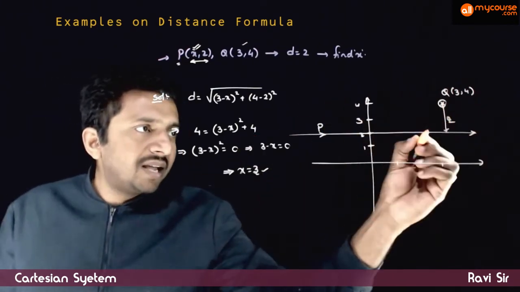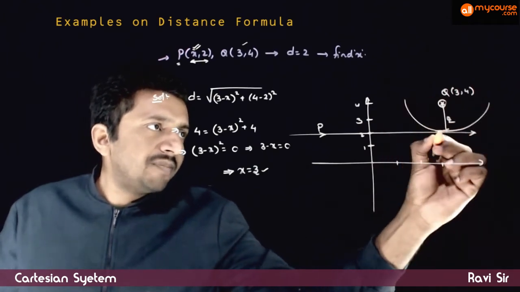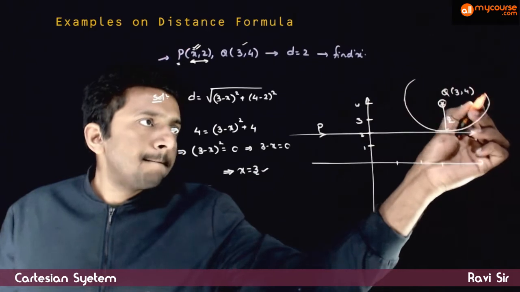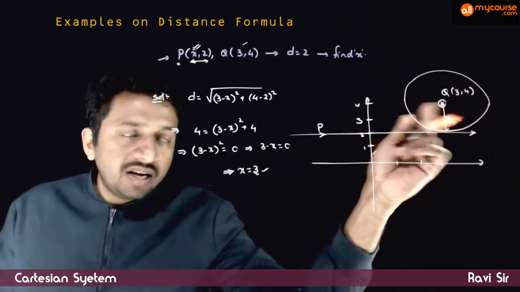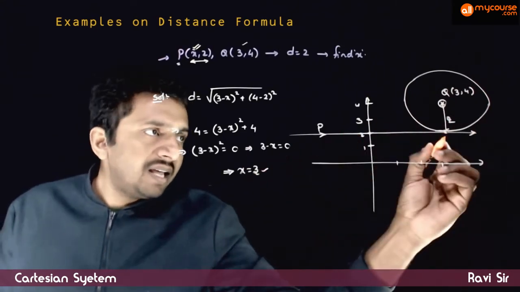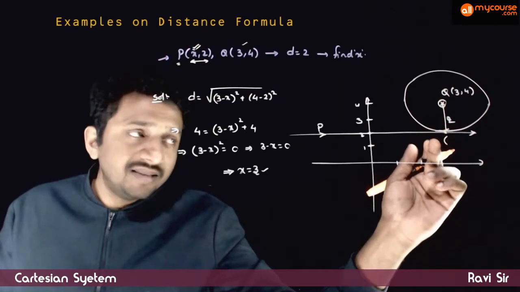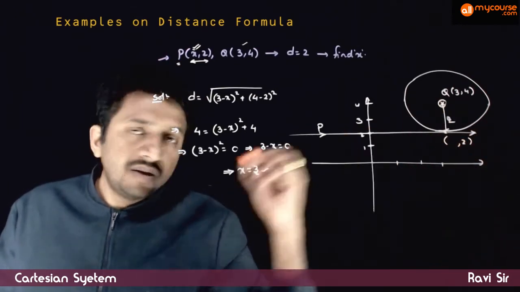If you draw a circle of radius 2, the circle will look something like this. As you can very clearly see, this circle is intersecting this line at the exact point. So the y coordinate is equal to 2.